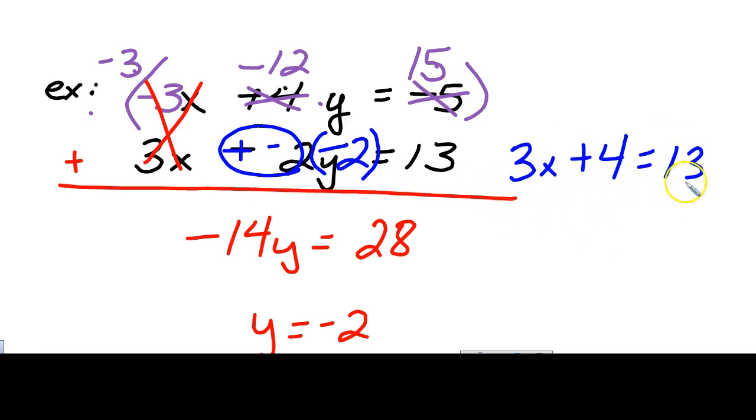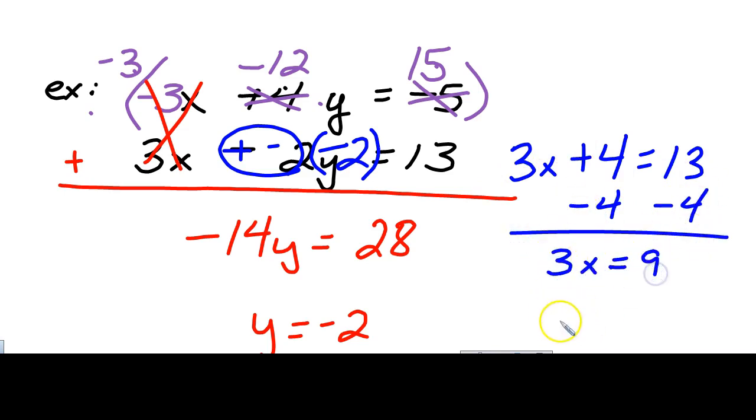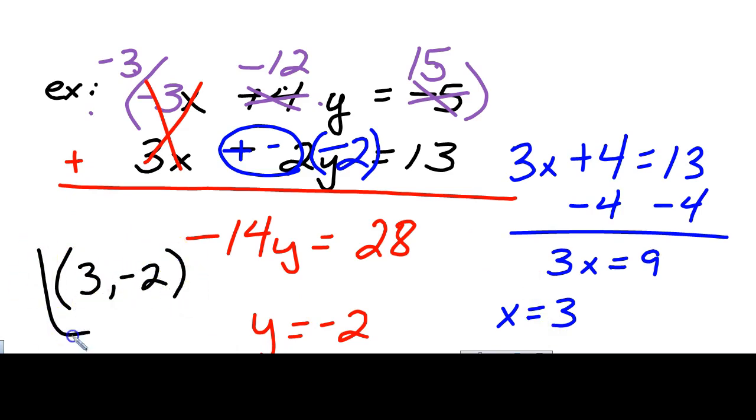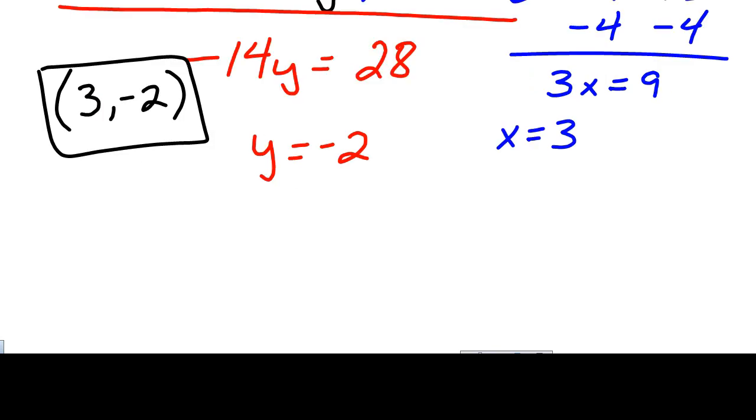Okay, so this is basically saying adding negative 2 times negative 2. Solving this equation, subtract 4 from each side. 3x equals 9. That means x is 3. Okay, so our solution here is (3, negative 2). And that's how you do it if there is not a variable that's easily eliminated.